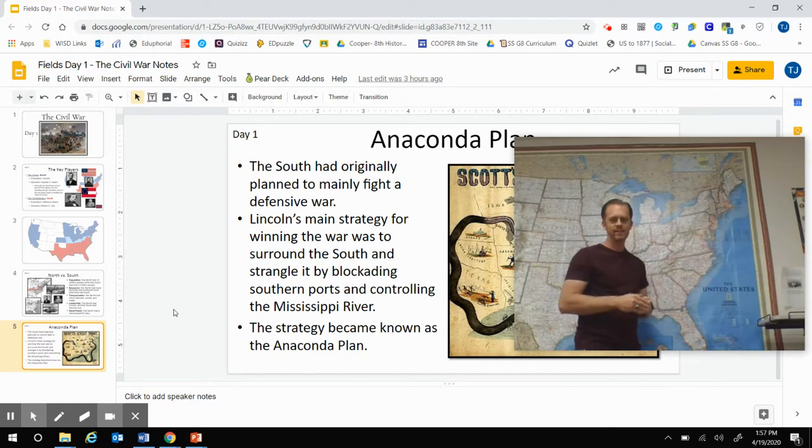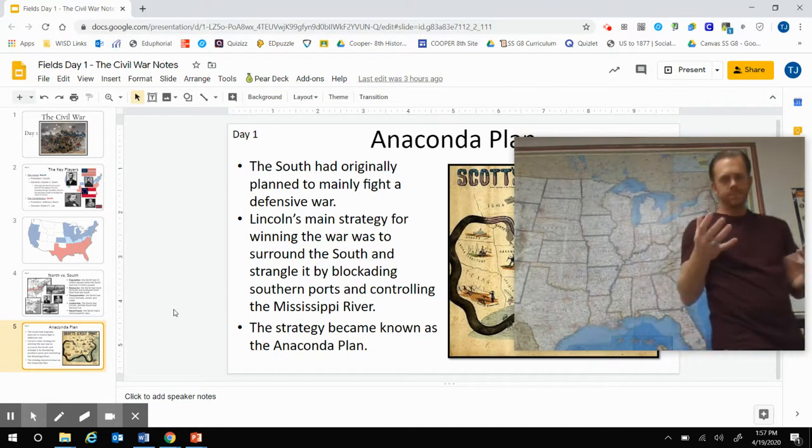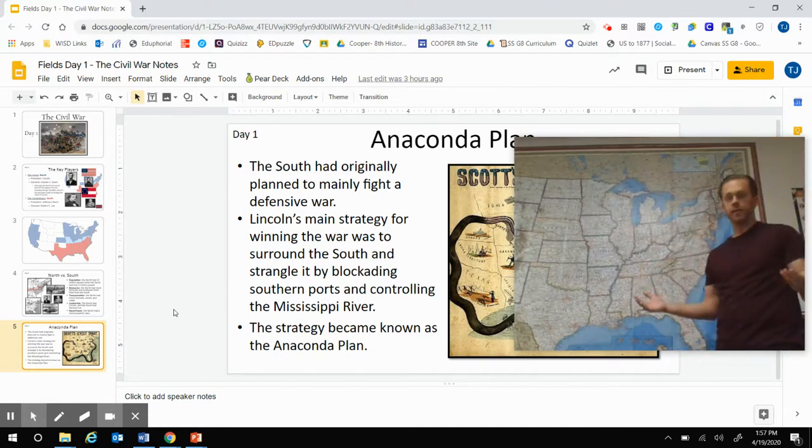That's the whole idea of the Anaconda plan. And this is the North's plan in a nutshell. Now, I'm not going to give away all the spoilers, but they do win. And this plan does work, and it is a good plan, and it proves to be really their best option for capturing the South and defeating the South.